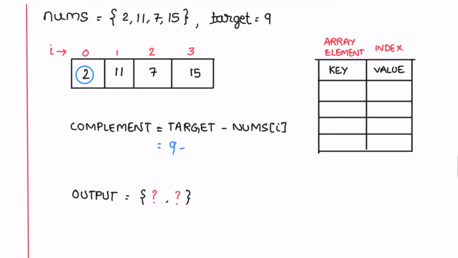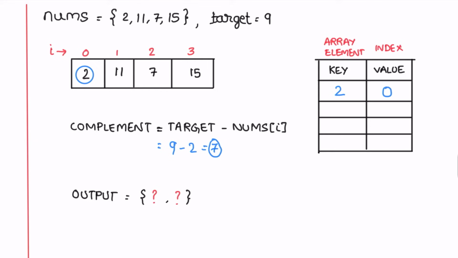We have to subtract that element 2. So the complement of 2 is 7 for the target 9. And now we have to check if this 7 is present inside the map or not. Since we are inserting the first element, there won't be any elements present inside the map. Because there is no 7 inside the map, we have to insert this element 2 inside the map. So the key is going to be the element 2, and the value is going to be the index of that element. So index of 2 is 0.